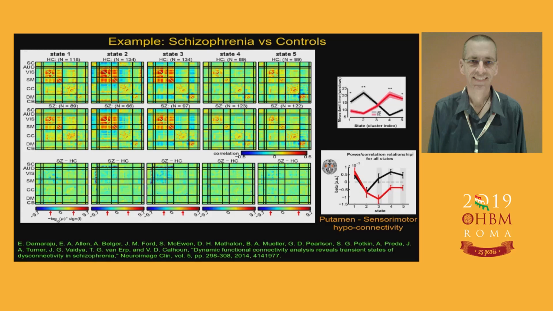For example, state 2 and state 3 have a subcortical auditory sort of antagonism going on. And then if we compute metrics for each individual state, for example, the dwell time, the average amount of time they spend in a state when they enter it, we see that the healthy controls spend significantly more time in these modular states 1 and 2, patients in state 4 and 5.